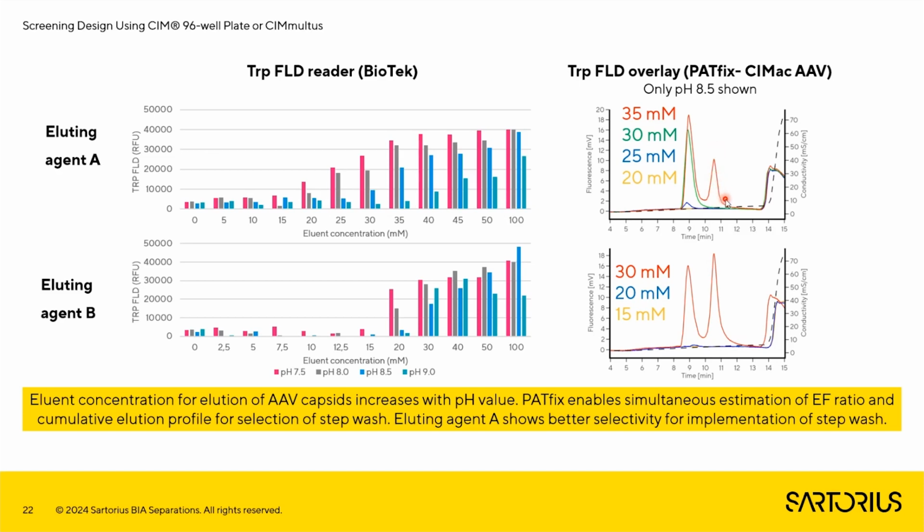That means eluting agent A has better selectivity and is more appropriate for our process development, as there is better resolution and more window for setting the step wash, so we can more easily implement this in our step wash approach.